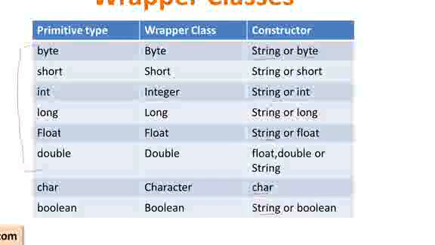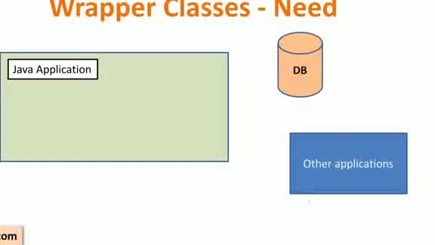So let me explain a small example about why we need wrapper classes. Basically, where we need these wrapper classes most of the time is this: say this is a Java application, and we might be interacting with other applications like a database or some other application.